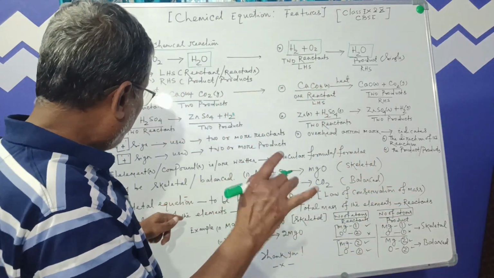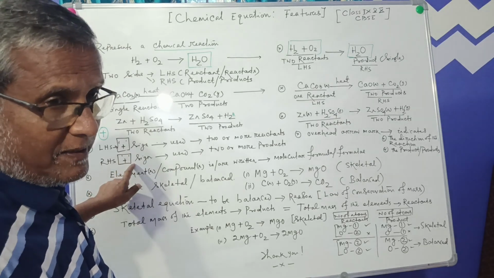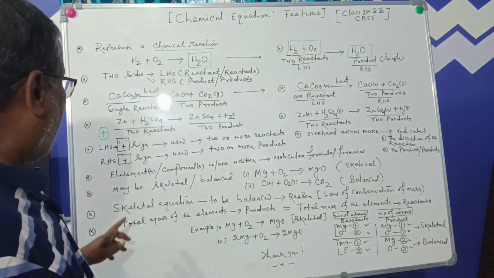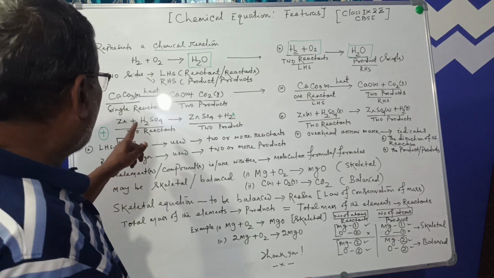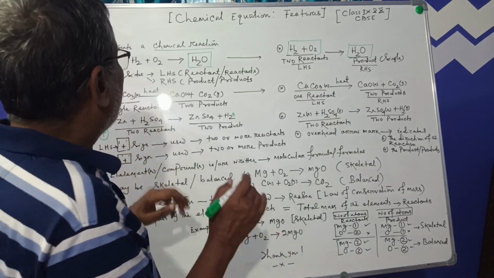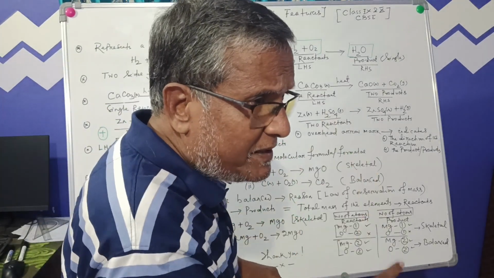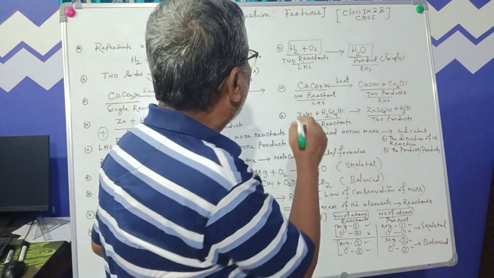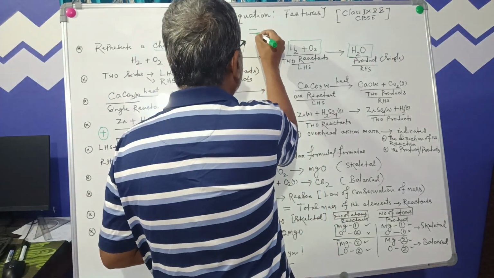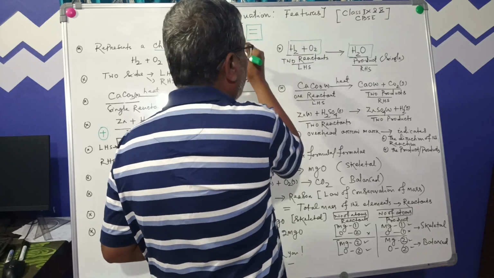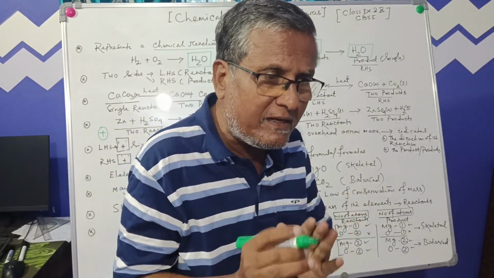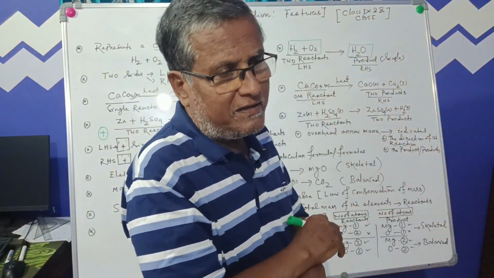Okay, now proceed on. So this is very important. And another thing: in a mathematical equation we use this sign, which is called the equality sign, meaning the left hand side is equal to the right hand side.